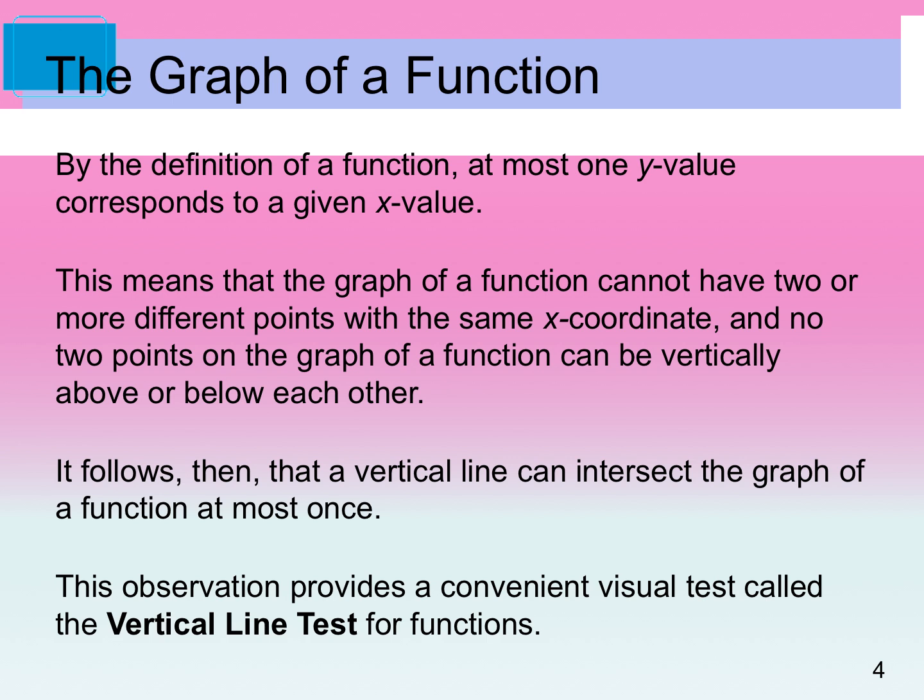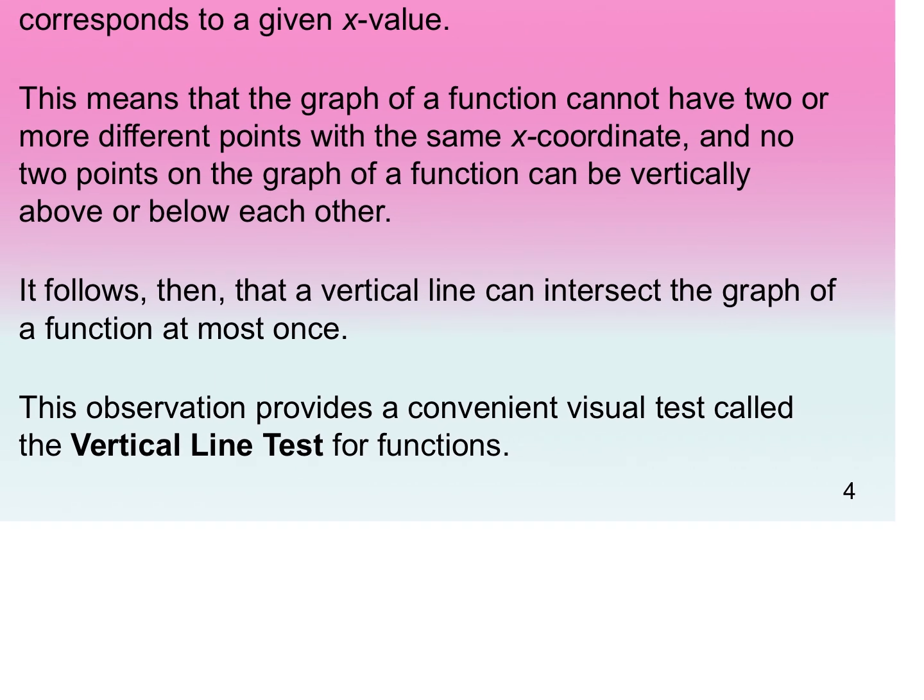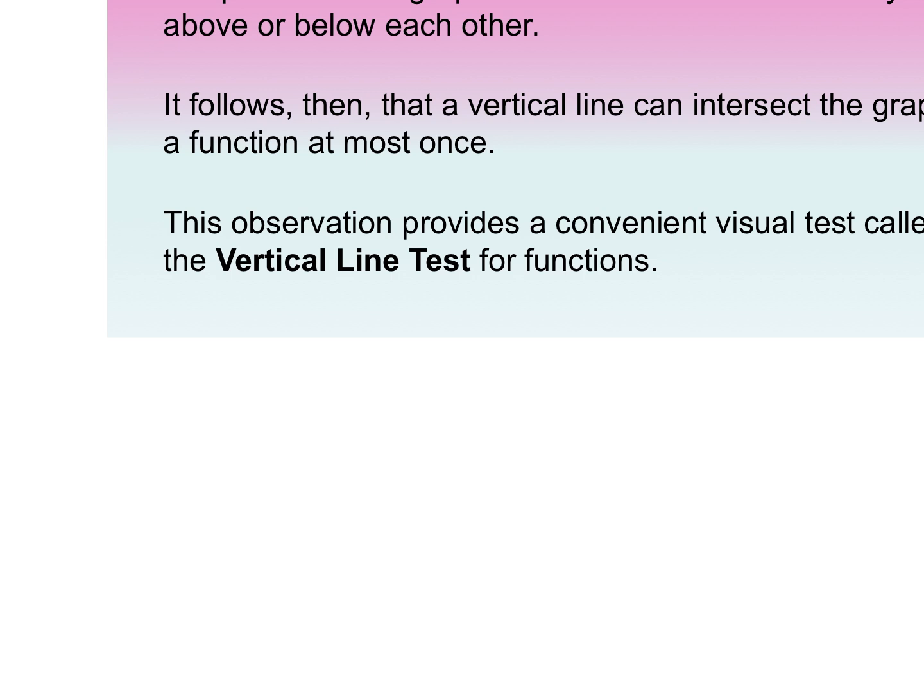Next page talks about the vertical line test. So I kind of mentioned this a little bit yesterday. We do the vertical line test to determine if a graph is a function or not. You want to be able to put a vertical line on any part of your graph to determine if it's a function or not. And if your graph touches 2 points of the vertical line at once, it would not be a function.